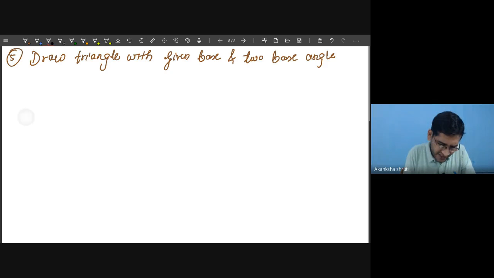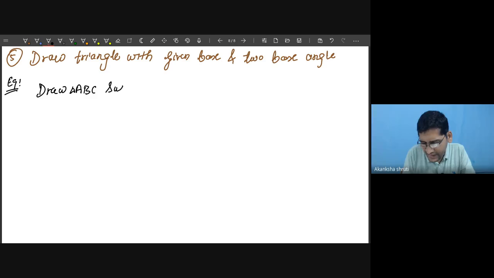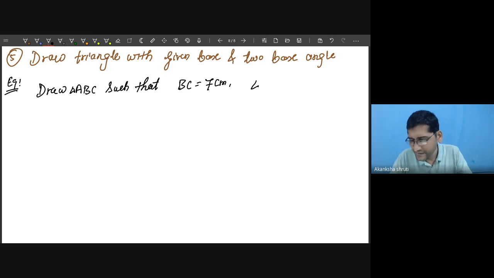The question may be like this. Draw triangle ABC such that here you are given BC is equal to, let us take this as 7 centimeter, angle B at one of the vertices of this BC, let us take this as 45 degree.